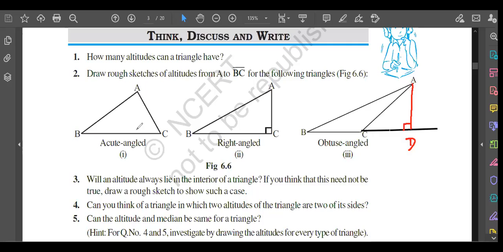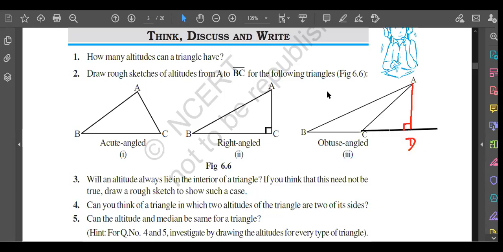In case of an obtuse angle triangle, the altitude will be outside the triangle. Got it, everyone? Tell me, got this? Right? Okay. I hope all of you got this. Okay. Tell me, everyone, got this? Just message.